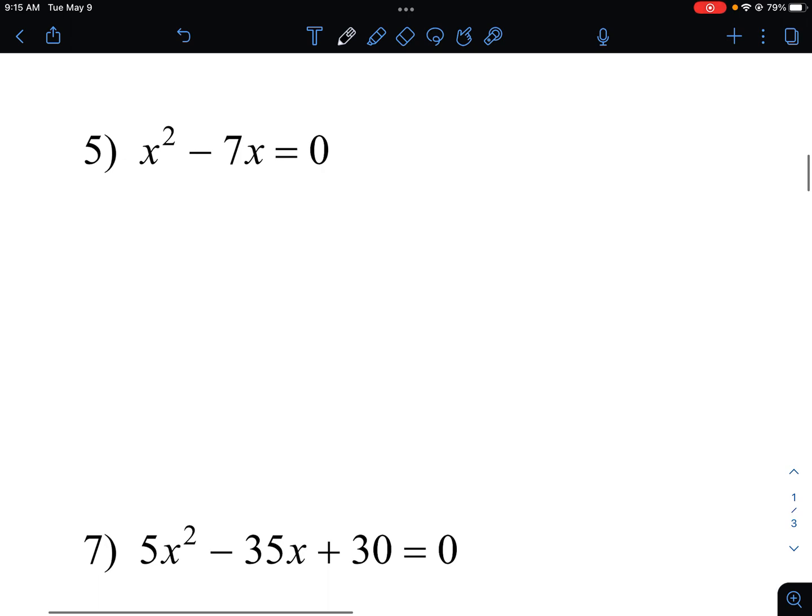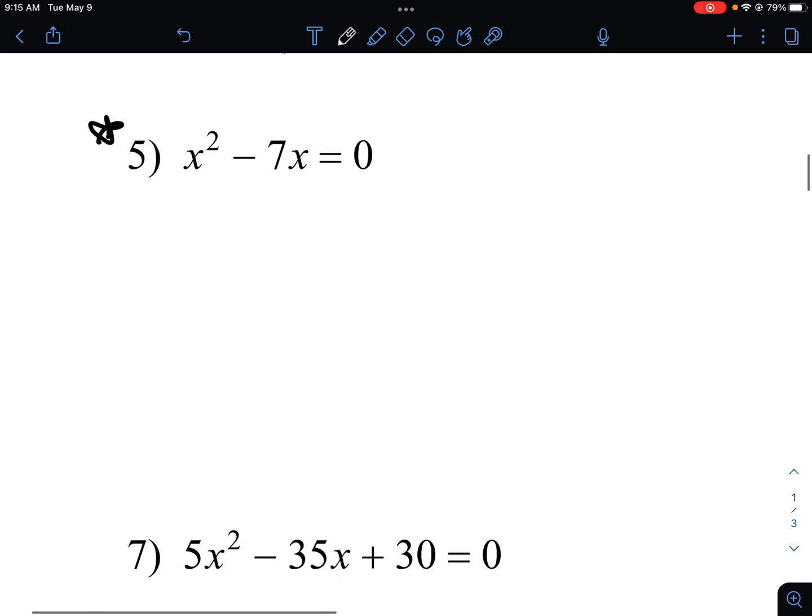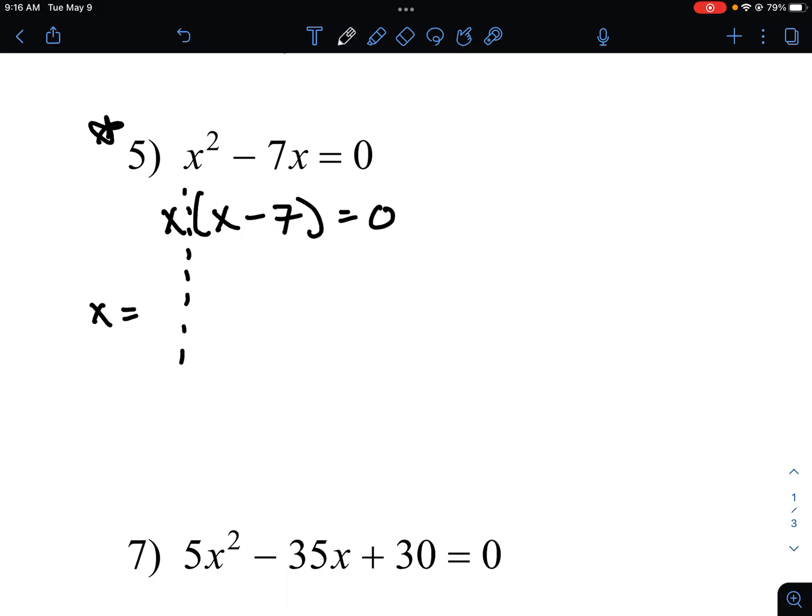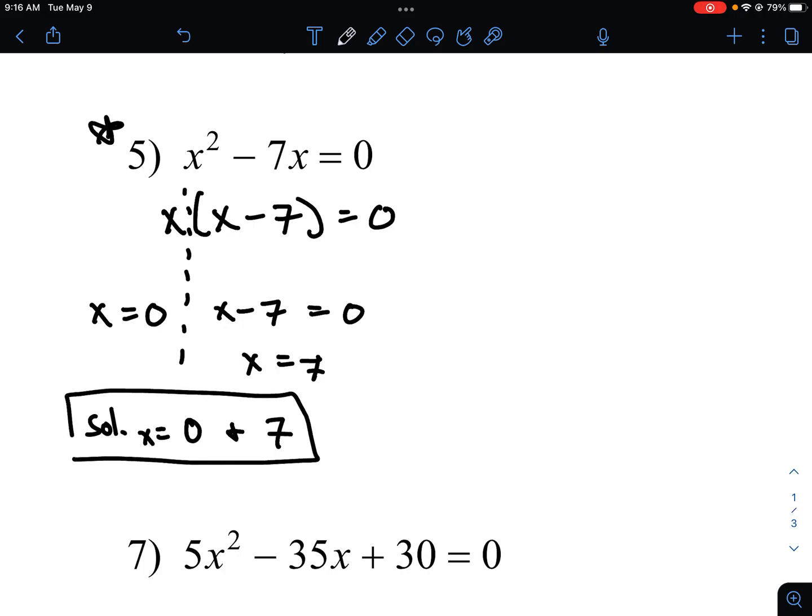Okay, and let's look at a few more. So 5, switching gears again, bringing out the greatest common factor first, and then splitting up. So be comfortable with that. That's why we're doing a lot of examples. The more practice you do, the better you will get. 0 and 7 are these solutions. So whichever way you want to write them out is fine by me.